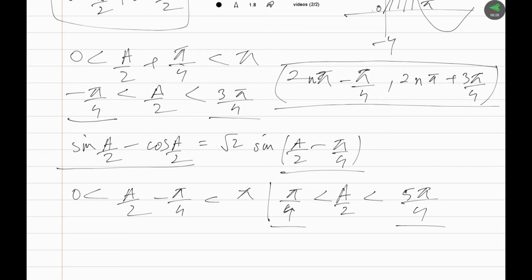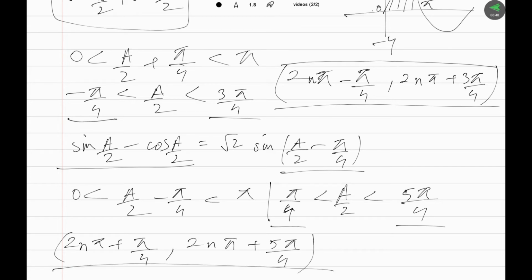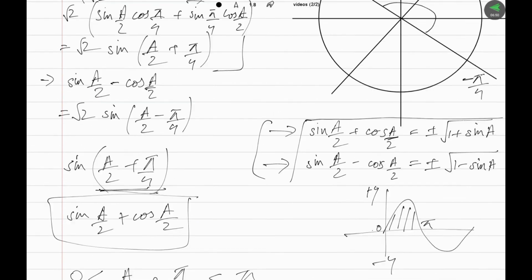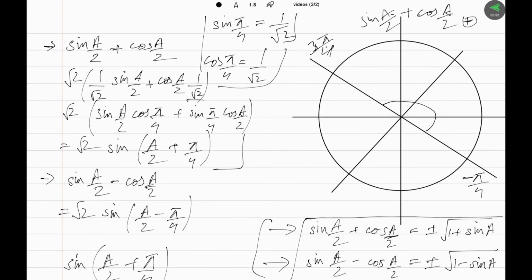Or more clearly, in the general way, it is 2n pi plus pi/4 to 2n pi plus 5 pi/4. So this is the interval, range, whatever you want to say. Pi/4 is this, to 5 pi/4.